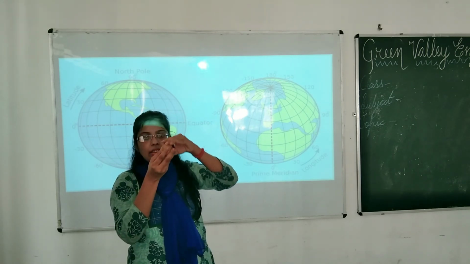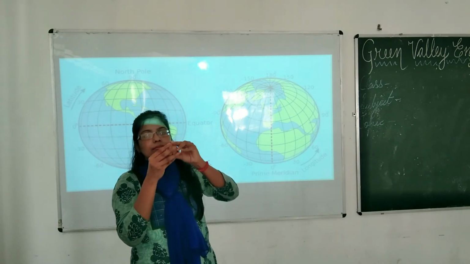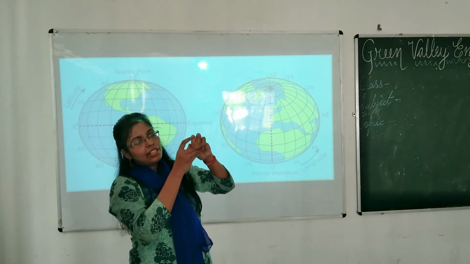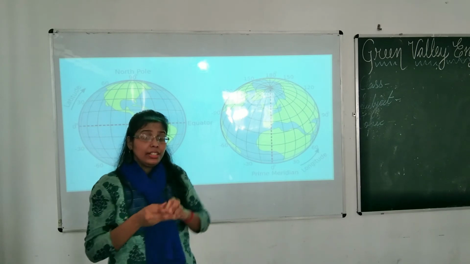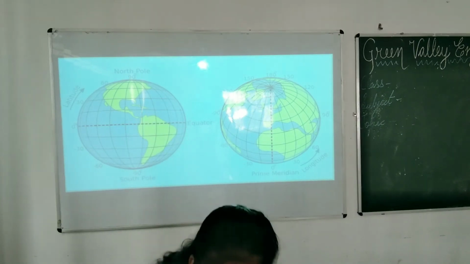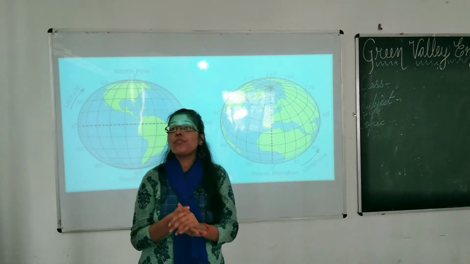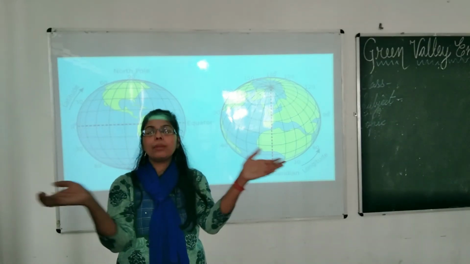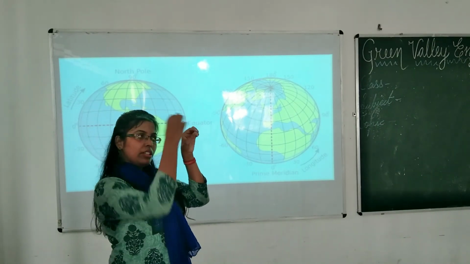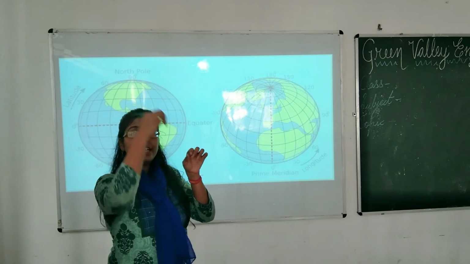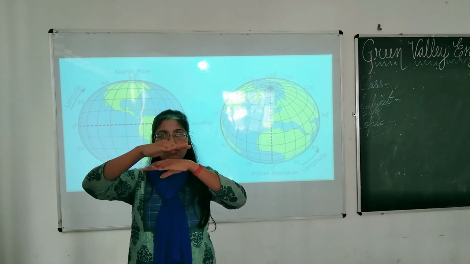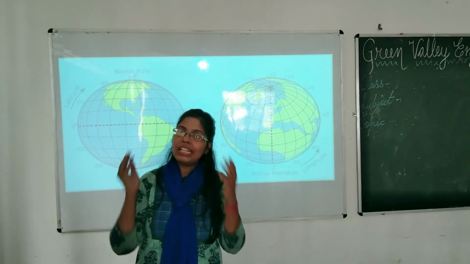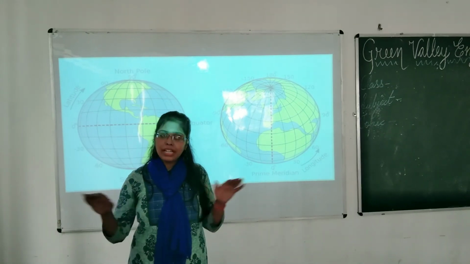Now the same thing, if I slice it like this, this is longitude. An orange is an exact example of longitude. If you take out the peels and take out each slice of the orange, it represents longitude. And take an onion, slice it from between, it is an example of latitude. So this was latitude and longitude.